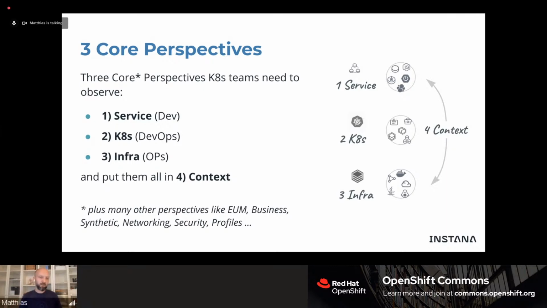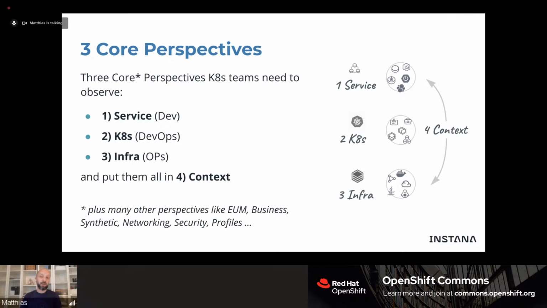It's interesting that when I started talking about these, you could abstract them to specific roles. I think certain roles are naturally bound to one or the other. So you can think about the services as being for the developer, the Kubernetes side of things on the DevOps side, and the infrastructure on the ops side. So I just put them here.